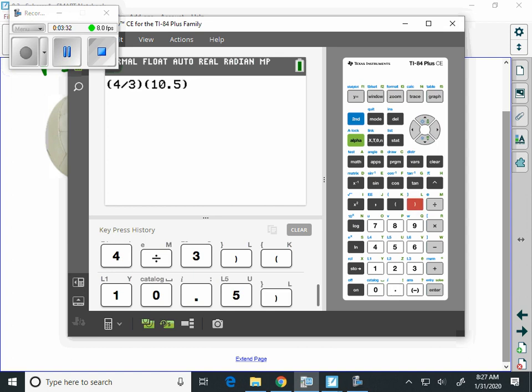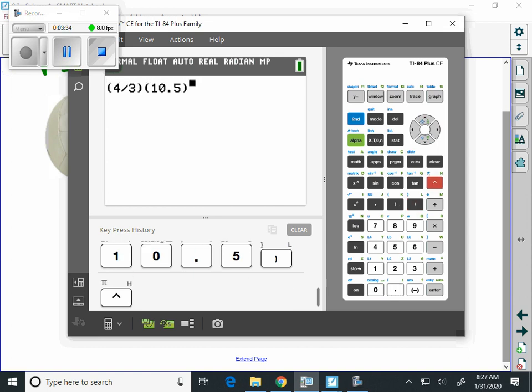Again, the caret button will be in red on the calculator. Cubed. And arrow out of it. It's easier to type in pi on Desmos than it is here on the calculator, but second, and then the caret button gives us the pi.